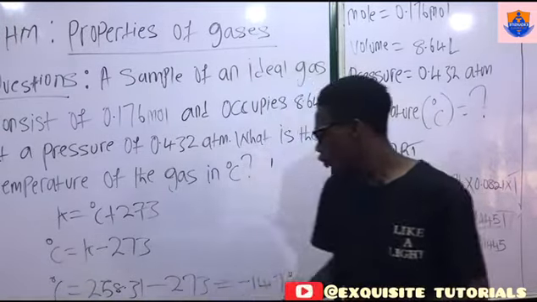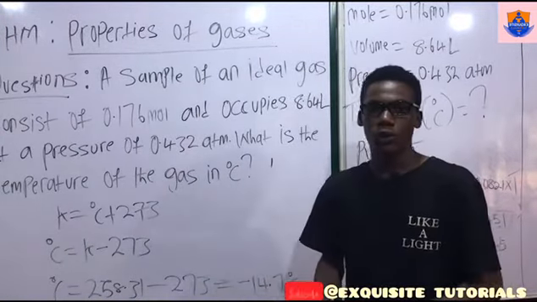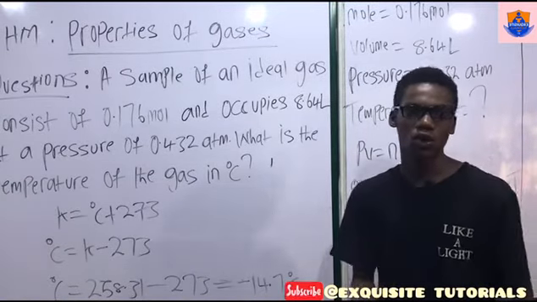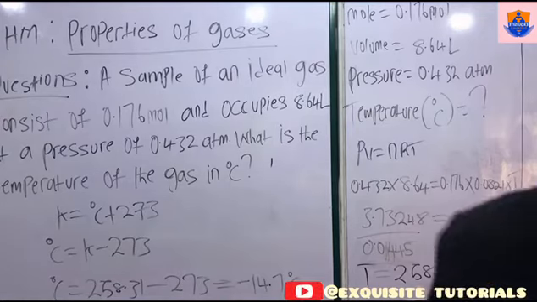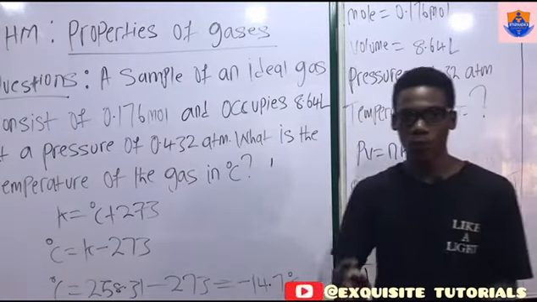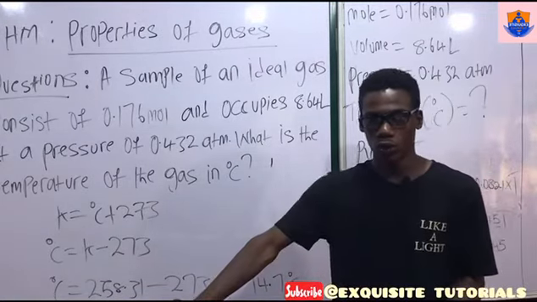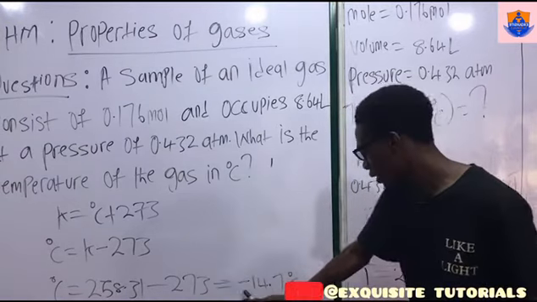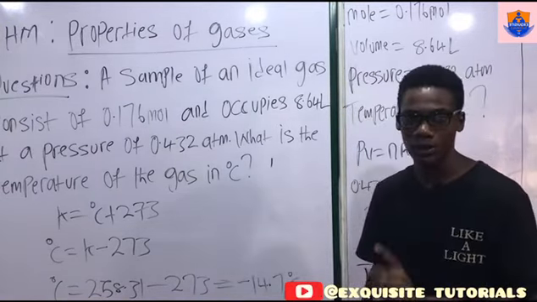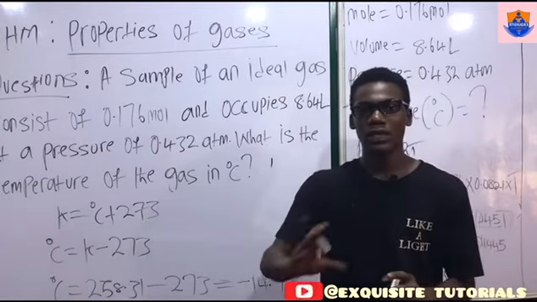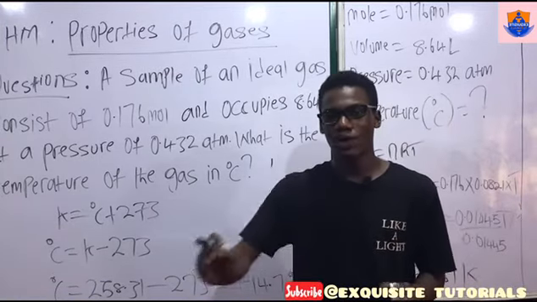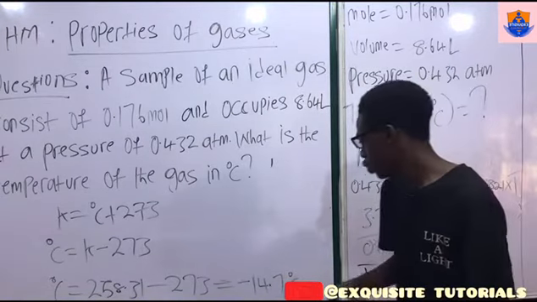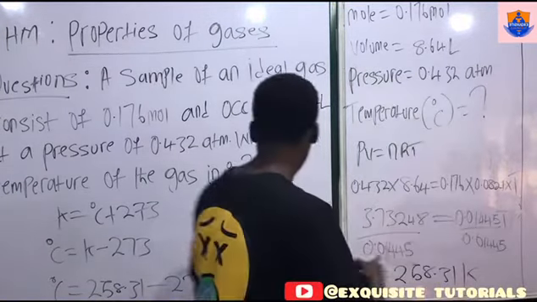Now, if on your options you didn't see 14.7 degrees Celsius and there is no none of the above option, listen to what I'm saying. If you solved it correctly, and on your options there was none of the above, and you had 15 on your options, you should quickly approximate your value.